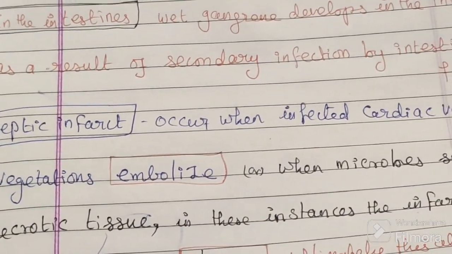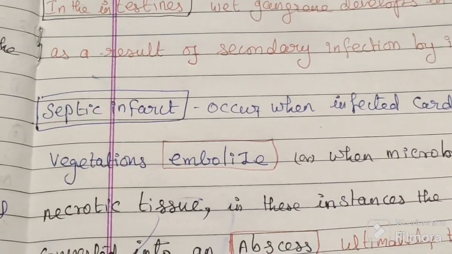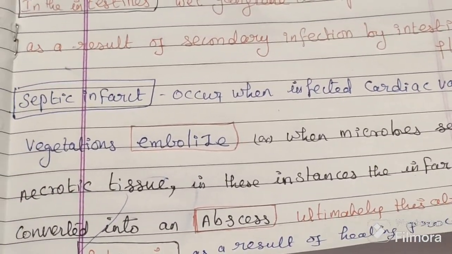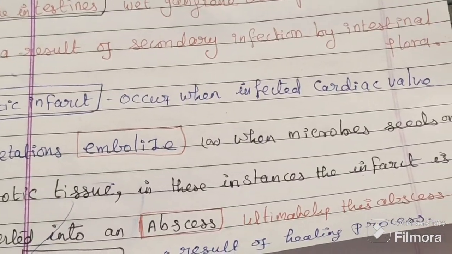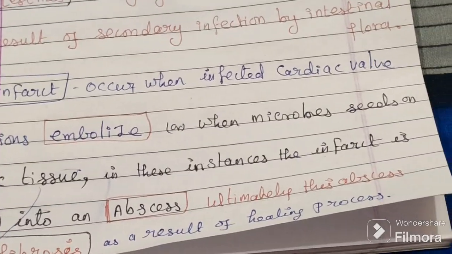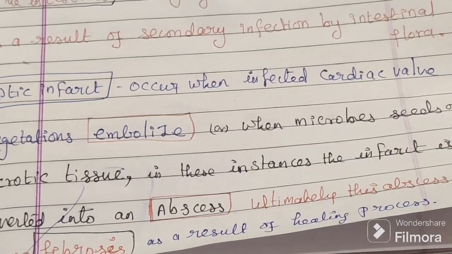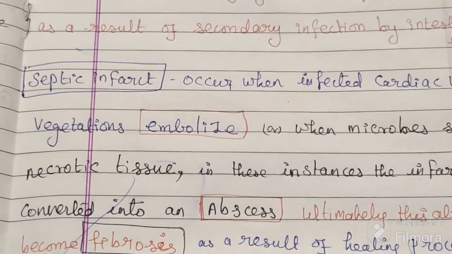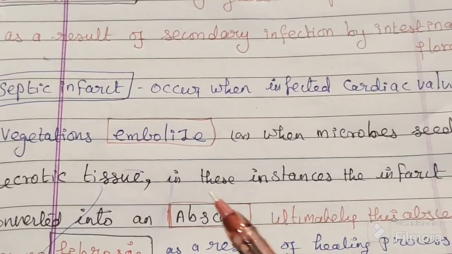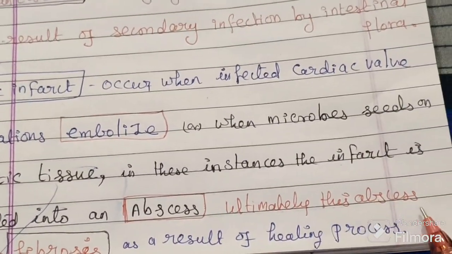Next, septic infarcts occur when infected cardiac valve vegetations embolize, or when microbes seed necrotic tissue.